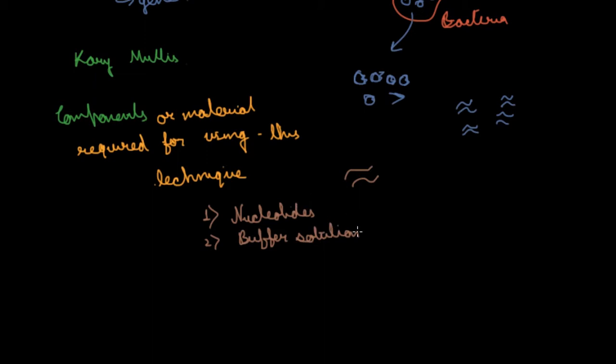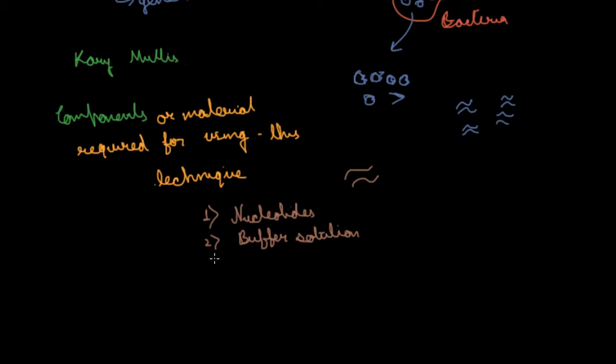And it should be nuclease free, because what if there are some chemicals inside the solution which can degrade DNA? Nuclease free means it should not have any type of chemicals which can degrade the nucleotides.